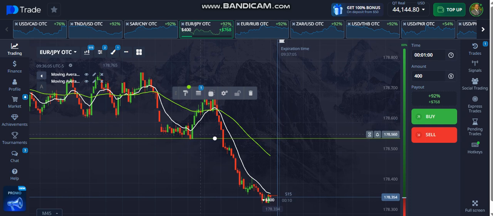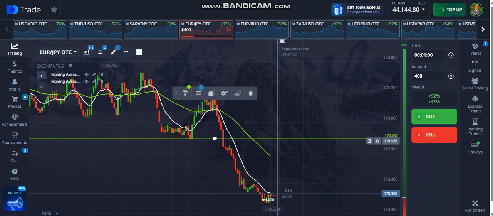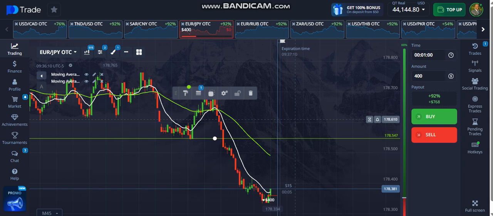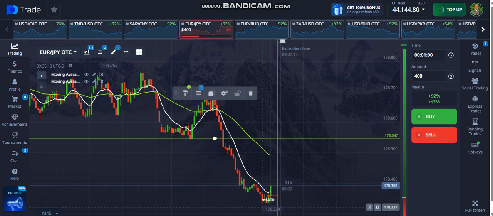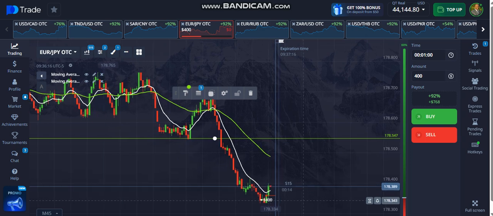In addition to that, I set up a green line here which showed that the price broke the previous level of support, which was right over here, and continued downward. Okay, and then I waited for the retracement back to the line. So let's monitor this trade and see how the trade develops.